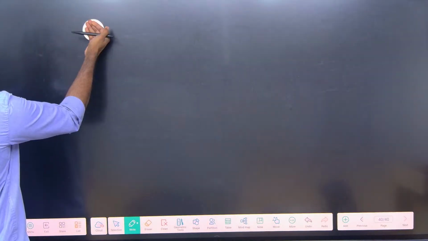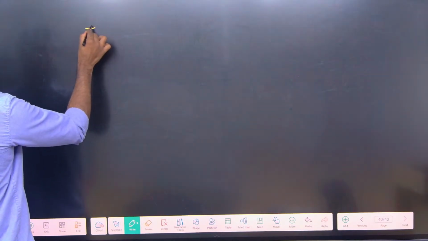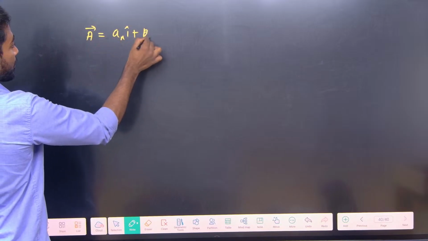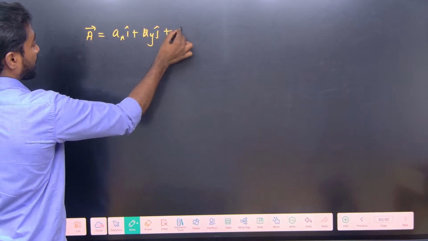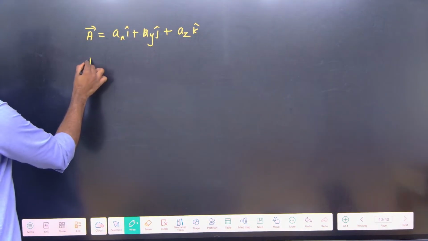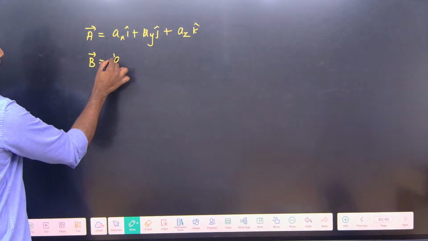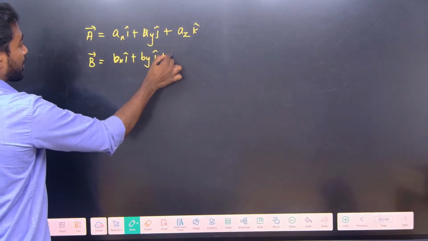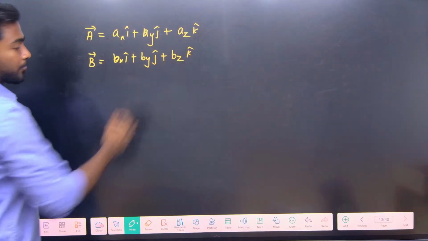For example, A vector is given as Ax i cap plus Ay j cap plus Az k cap, and B vector is given as Bx i cap plus By j cap plus Bz k cap.